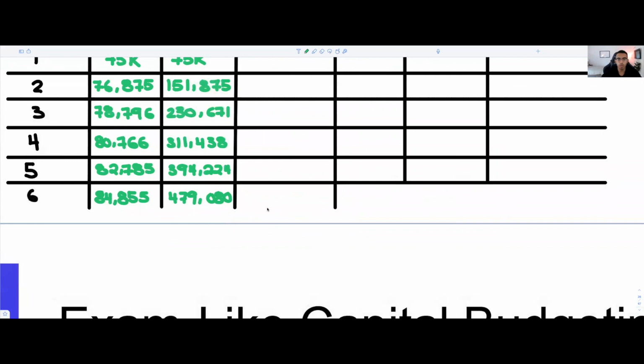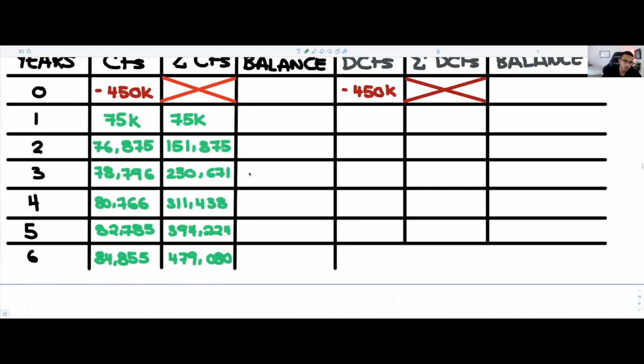Okay, so now we can move on to our key takeaways, right? We notice that we're able to surpass our original investment at year 6. That's awesome.